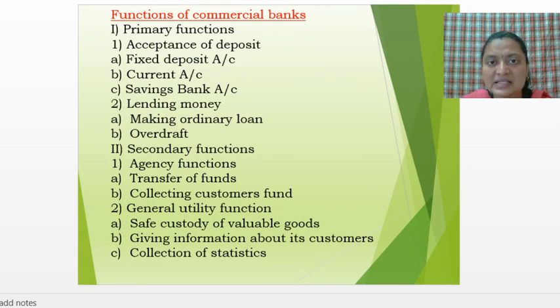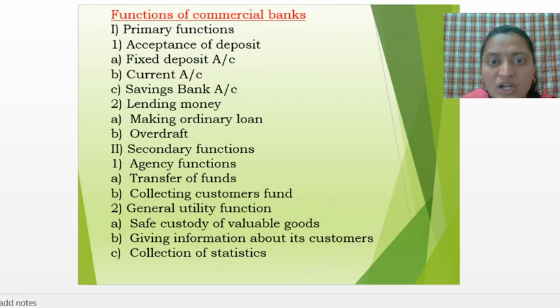Then collecting customers' funds: the bank collects the funds of the customer. Then general utility functions, in that safe custody of valuable goods. What do you mean by safe custody of valuable goods? The bank allows the locker facility to the customer, where valuables like gold ornaments, important documents and property papers can be kept.